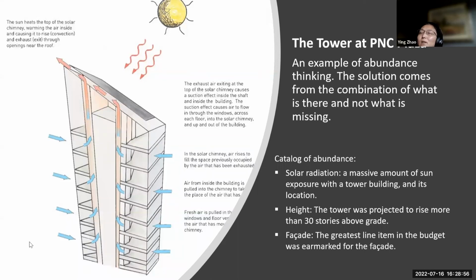They raise the height at the top and then use the heat from the sun to heat the air here, causing the air to rise and pull the air from below and from outside. So basically it's a big stack system for the building, stack ventilation.